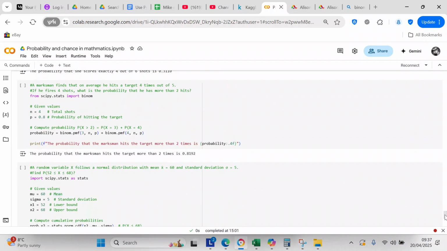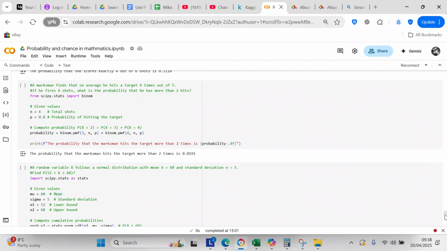So the next question is, a marksman finds that on average he hits a target 4 times out of 5. If he fires 4 shots, what is the probability that he has more than 2 hits? So we want to use the Python scientific library SciPy. From scipy.stats, import binom. We have our given values: total shots n is 4, with the probability of hitting the target p is 0.8.